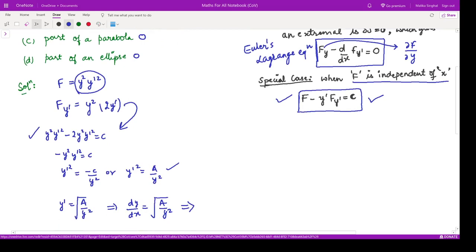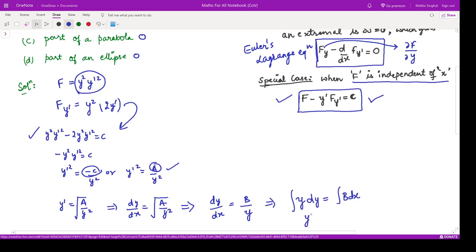Basically I am naming this minus c as another constant a, and then under root minus a as some other constant b. So further simplifying and solving, we have integration of y dy is equal to integration of b dx, right?